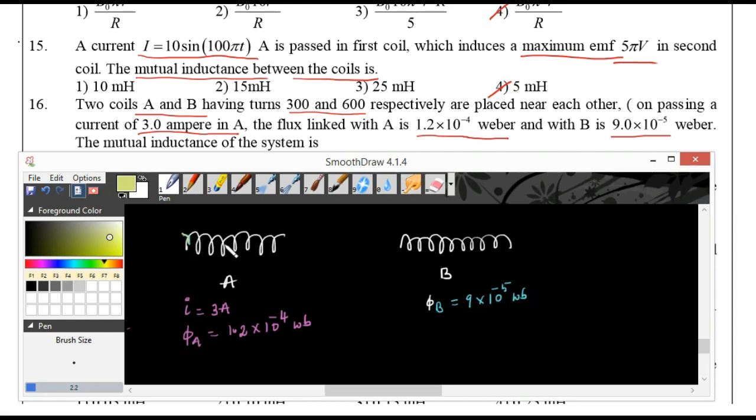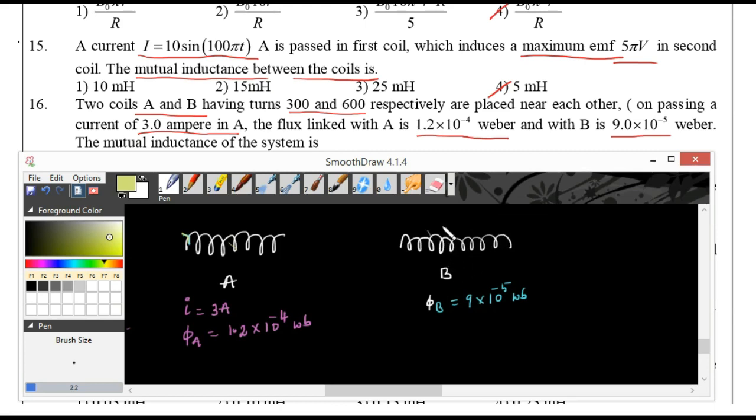When you pass current here, it produces magnetic field. As current is changing, the magnetic field will change, creates flux. Change in flux creates induced EMF, or induced EMF in turn creates induced current.